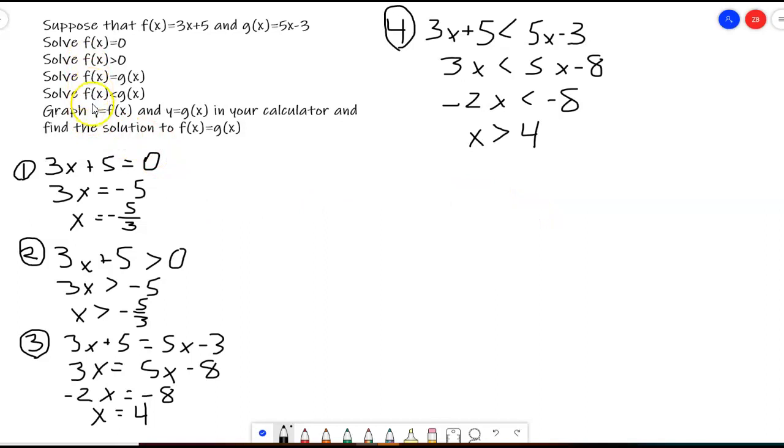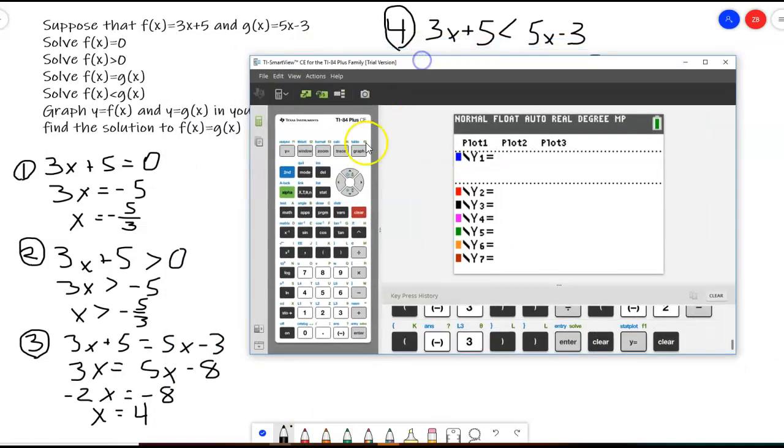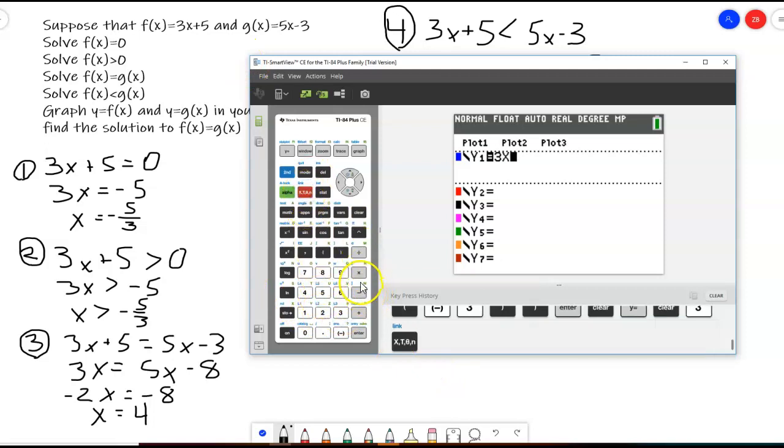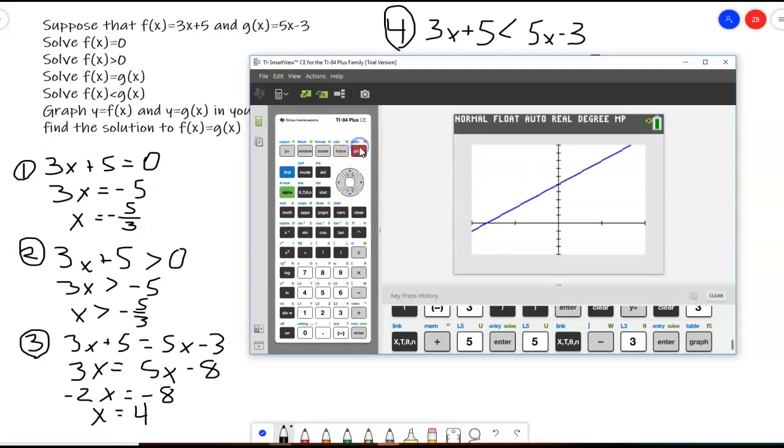All right, and then the last thing they want us to do is graph these two functions in our calculator. So we're going to pull up our TI-83 or TI-84 calculator. We're going to put those two functions in there. So the first one is 3x plus 5. All right, and the next one is 5x minus 3. And then I'm going to go ahead and go to graph.